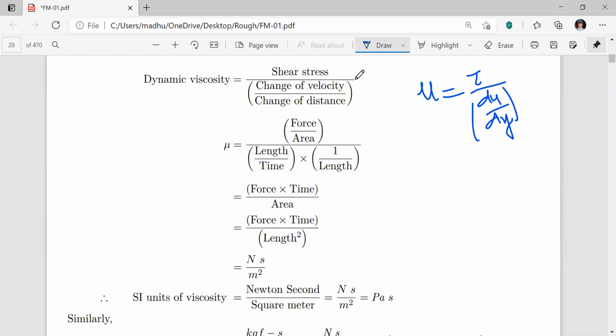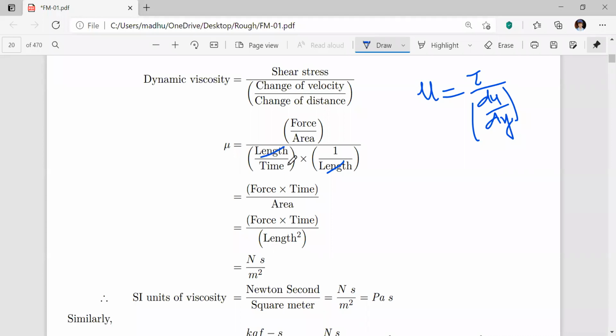Now the same thing I have written here. Shear stress is nothing but force by area. du is nothing but change in the velocity. Velocity is length by time, multiplied by 1 over length, where 1 over length is dy. Simplifying this, length you can cancel.